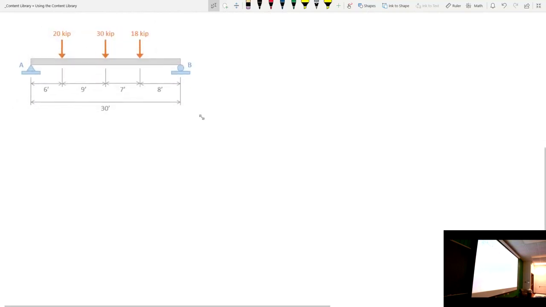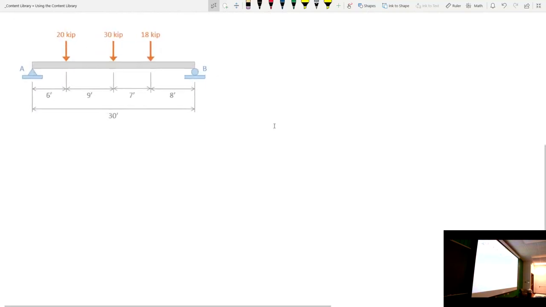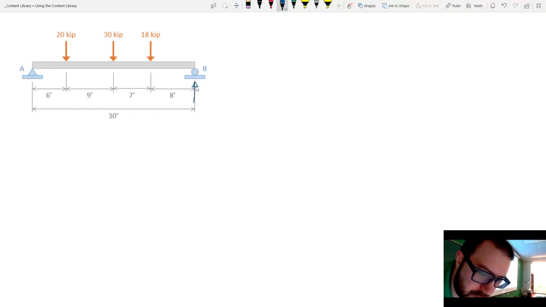So let me scroll down here a little bit, and I'm going to cheat a little bit because I have my beam redrawn. Okay. And I'm going to indicate my reactions right here. So this one's 32.2 kips, and this one is 35.8 kips. Okay.